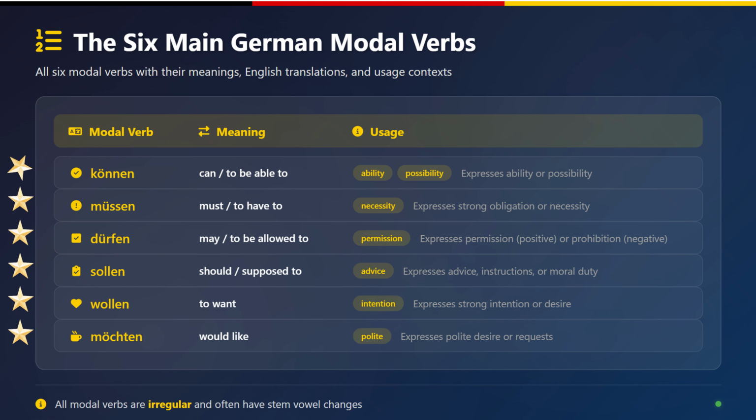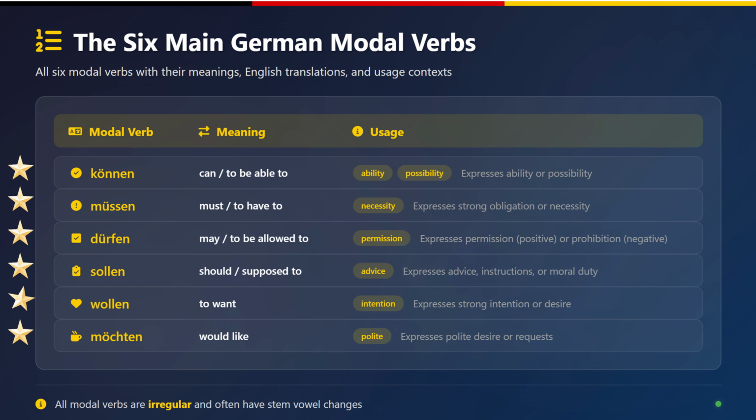Können means can or to be able to and is used for ability or possibility. Müssen means must or to have to and shows strong obligation or necessity. Dürfen means may or to be allowed to and expresses permission, or prohibition when negative. Sollen means should or supposed to and is used for advice, instructions or moral duty.